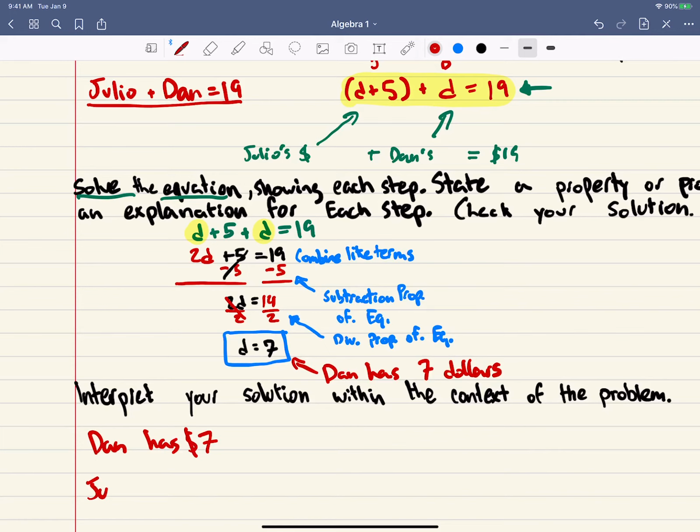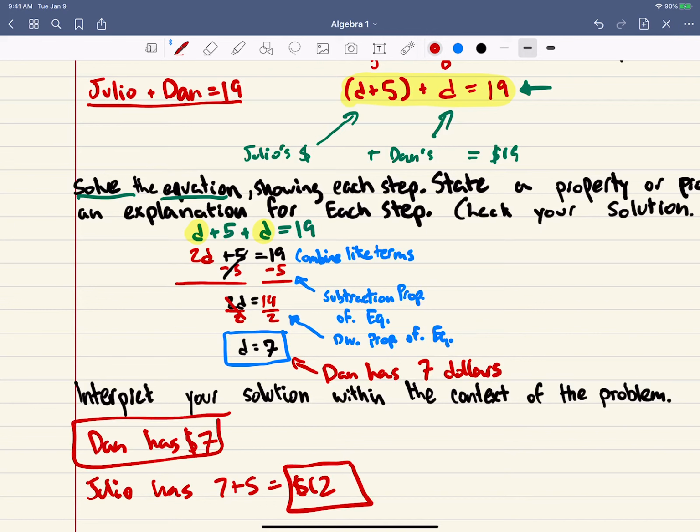And remember, Julio has 7 plus 5, which is equal to $12. So Dan has 7, Julio has 12.